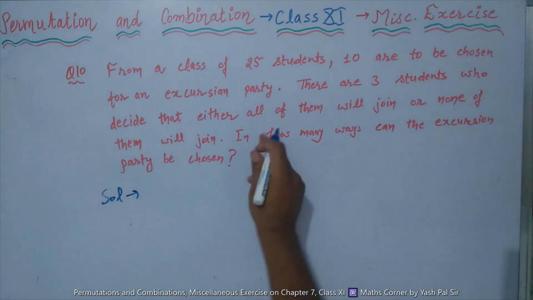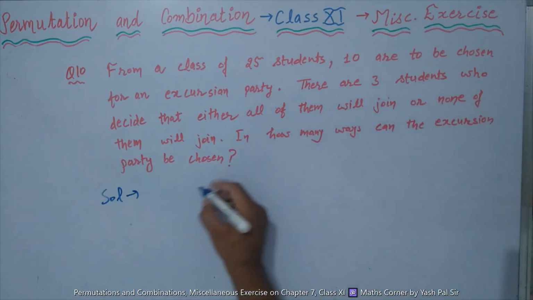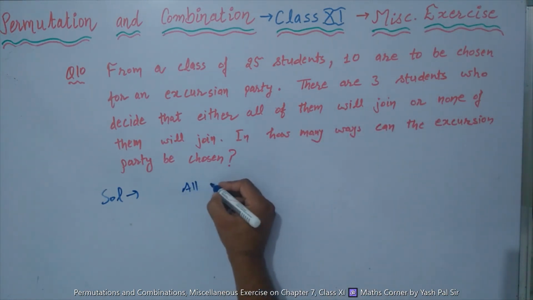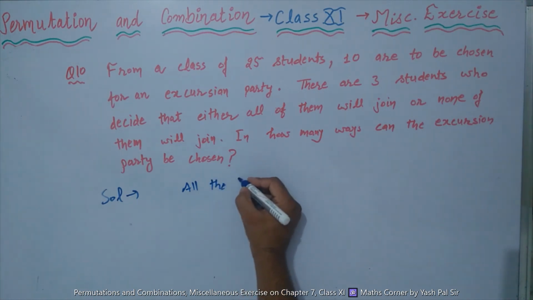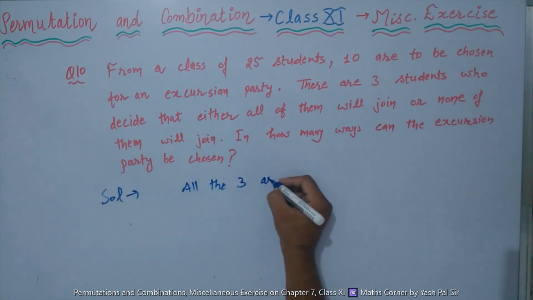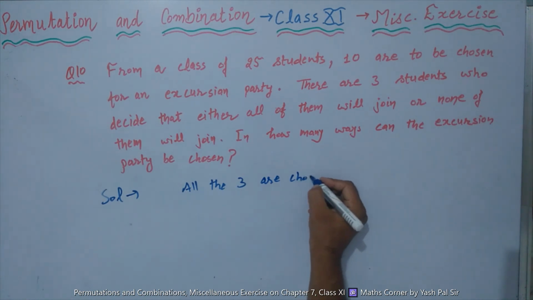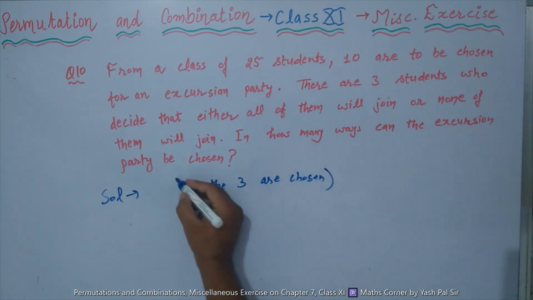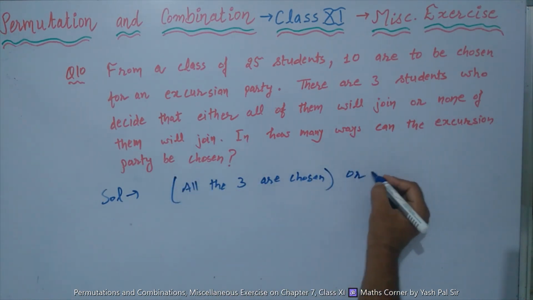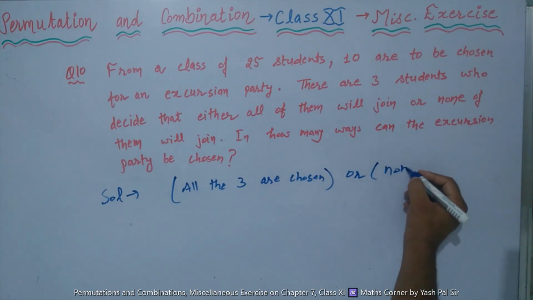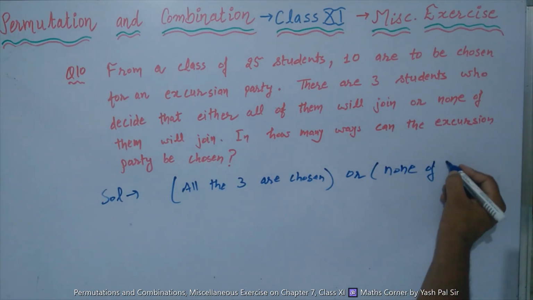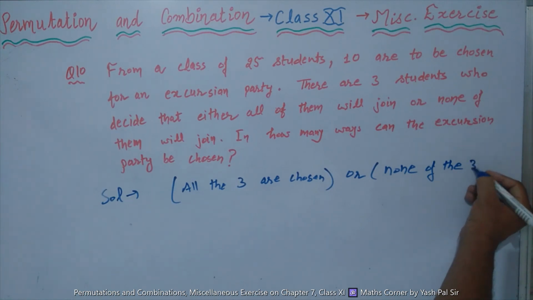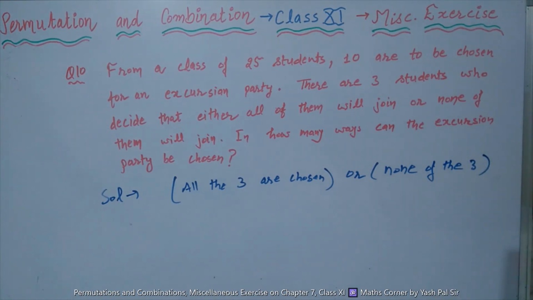First of all, let us select all the 3 are chosen or none of the 3 are chosen. These are the possible ways.